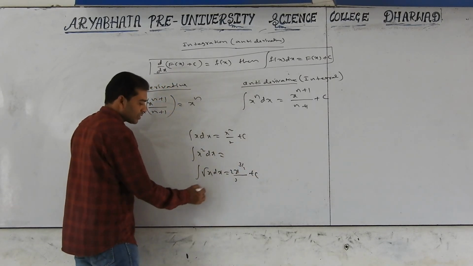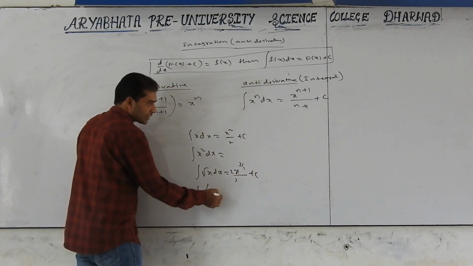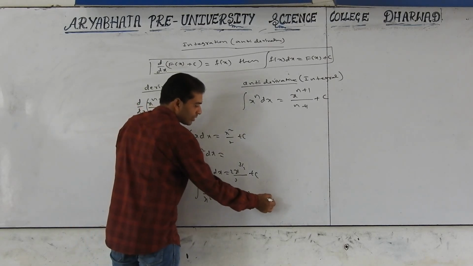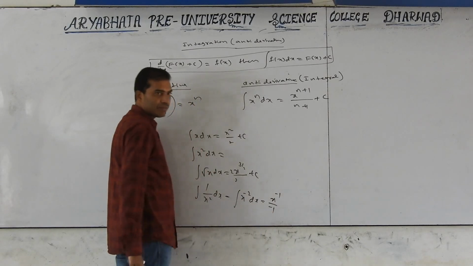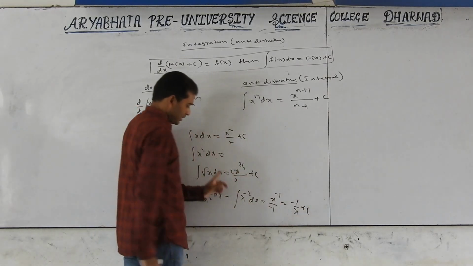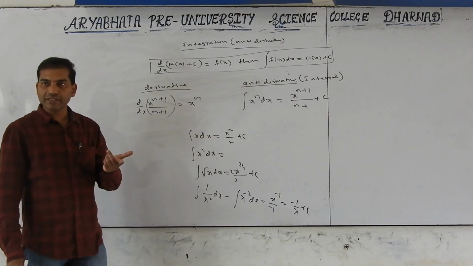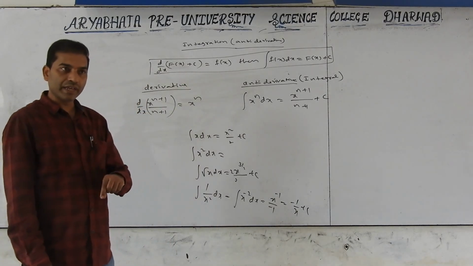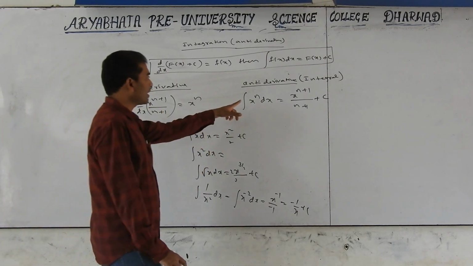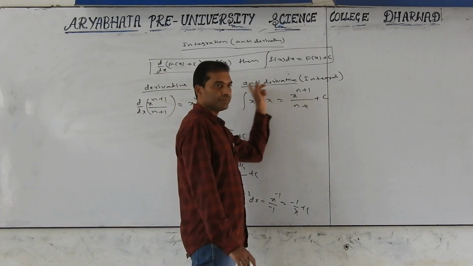Okay. Integration of 1 by x square dx equal to x power minus 2 dx equal to x power minus 1 by minus 1, which is equal to minus 1 by x plus c. So integration of 1 by x cube, integration of 1 by root x, integration of 1 by x power 3 by 2, such problems we can find by using this formula.